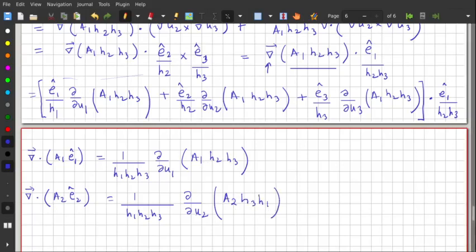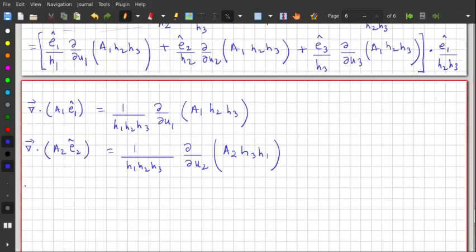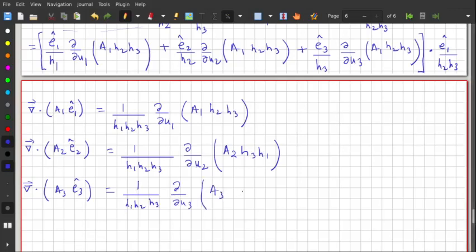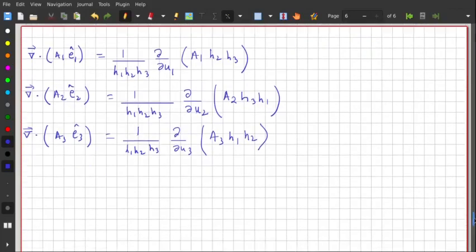Similarly, the divergence of A3 E3 is 1 over H1 H2 H3 partial U3 of A3 H1 H2. So that's the divergence of A1 E1 cap, A2 E2 cap, and A3 E3 cap.